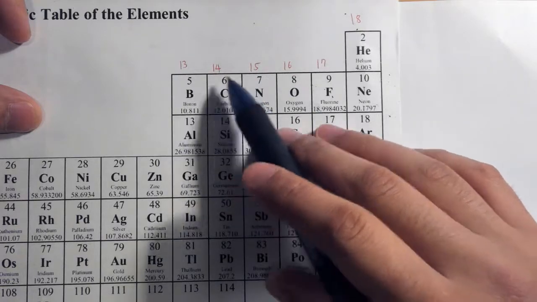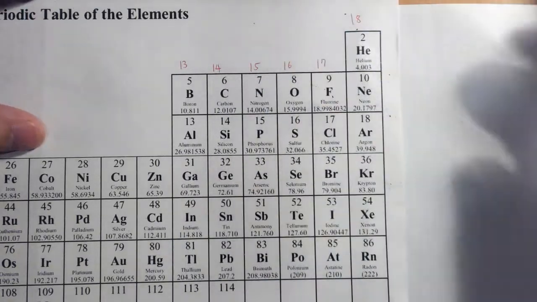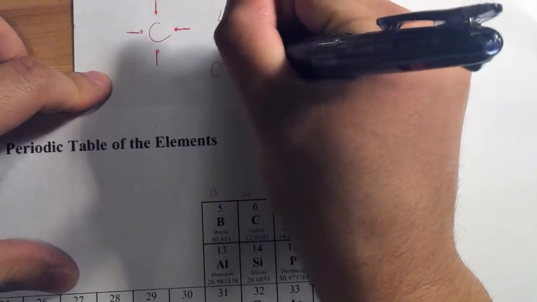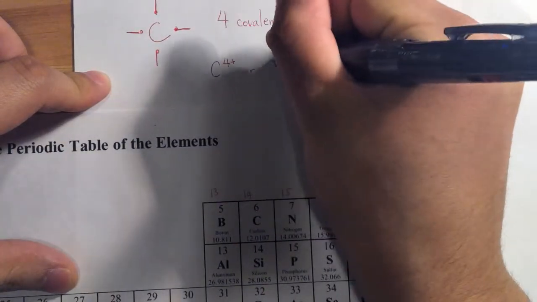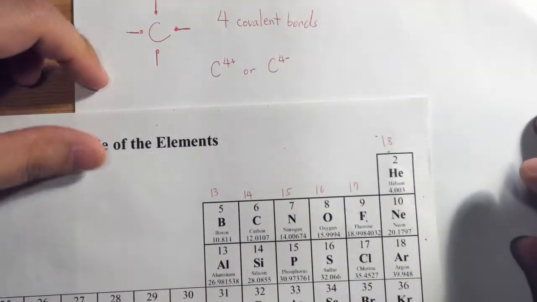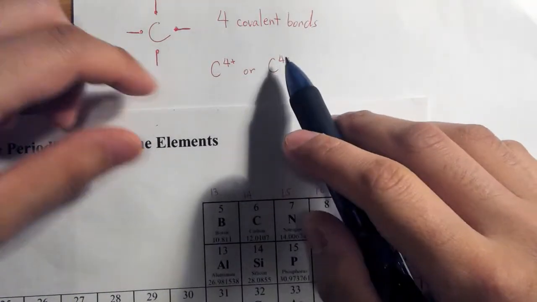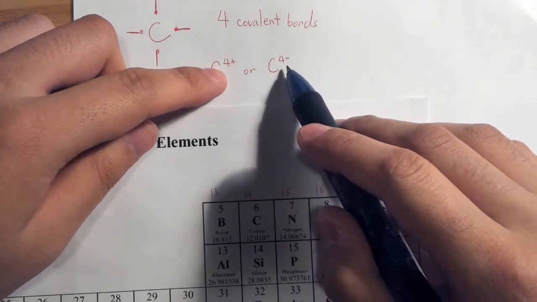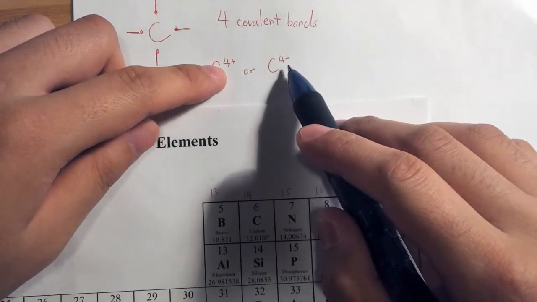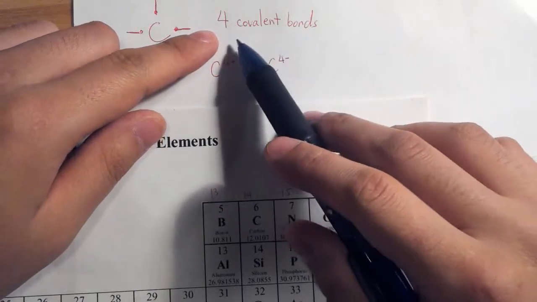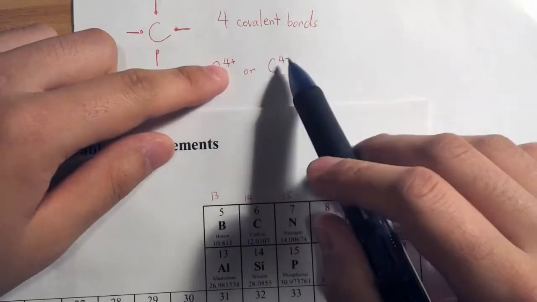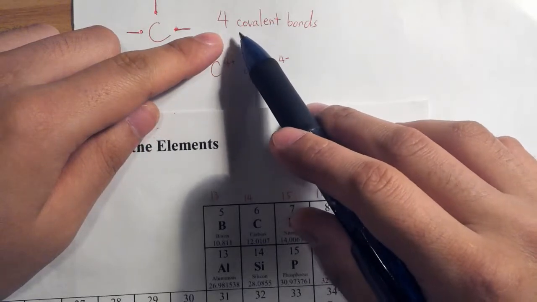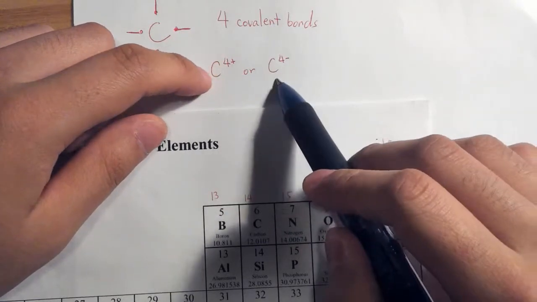In this case, I'm going to use it as positive. So carbon can be 4 plus or 4 minus. All right. The reason why I'm focusing on this 4 is because it's showing that this amount of electrons needs to be paired. So in this case, it will be 4 covalent bonds. So these charges represent 4 covalent bonds that can be made through a carbon.